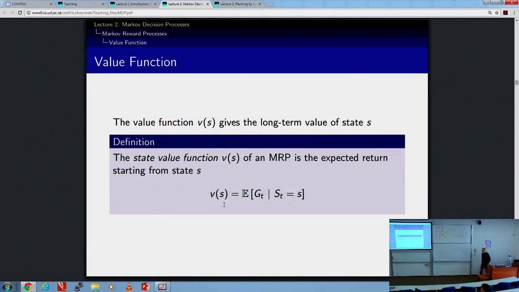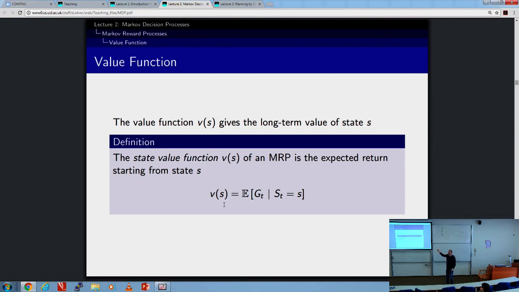Okay, so last lecture, we actually talked about this value function V. It's a function of S, a state, and it basically answers the question, what is the expected value of G_t? Return. If you're in that state at time t, what do you expect for the future?